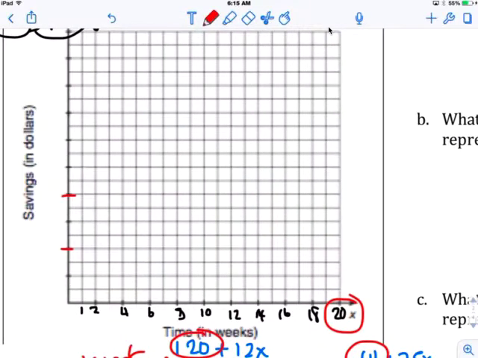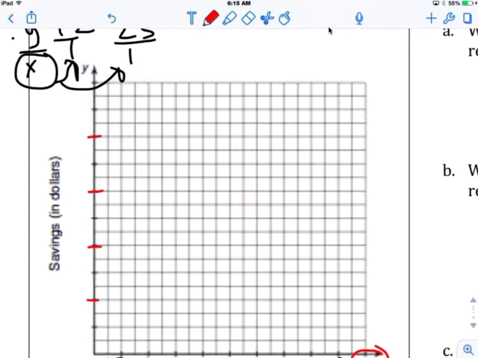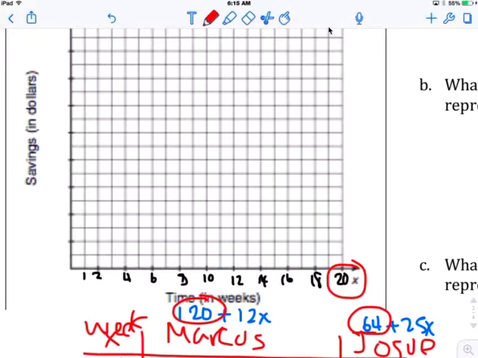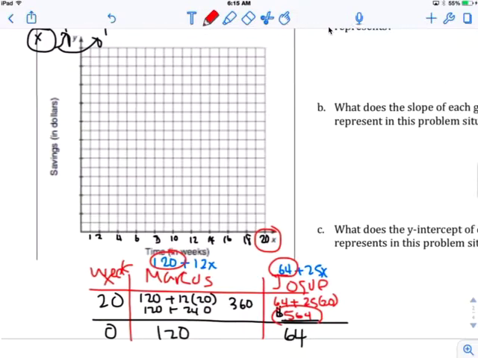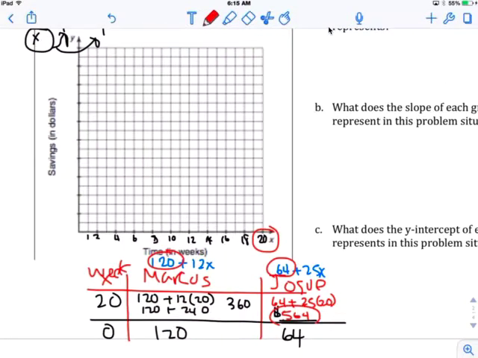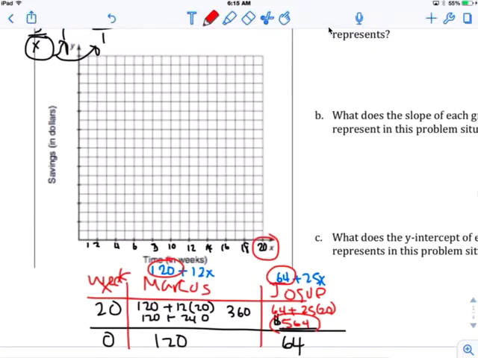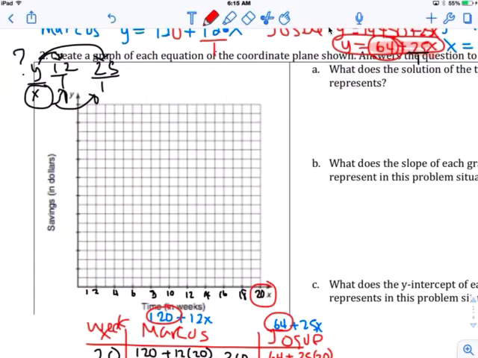We can do 25, and let's just go over the graph.